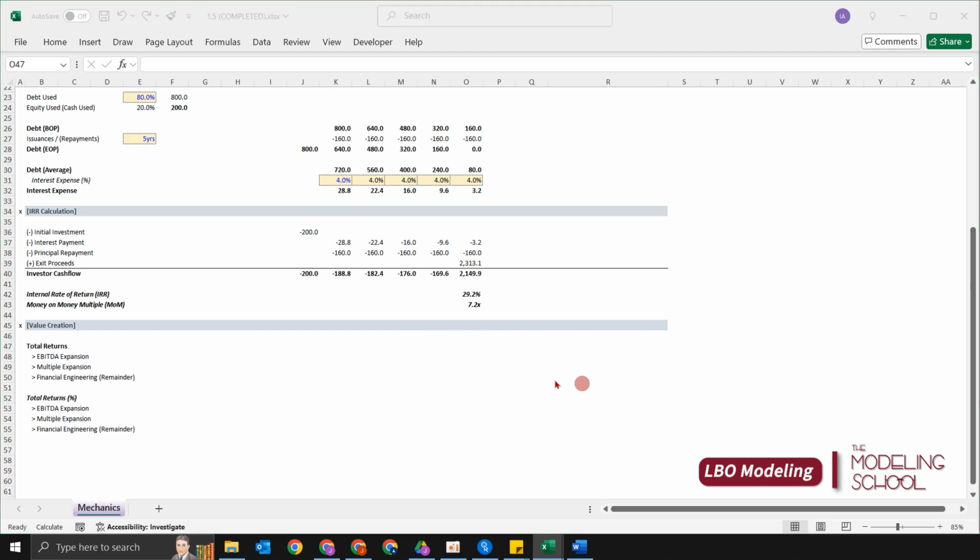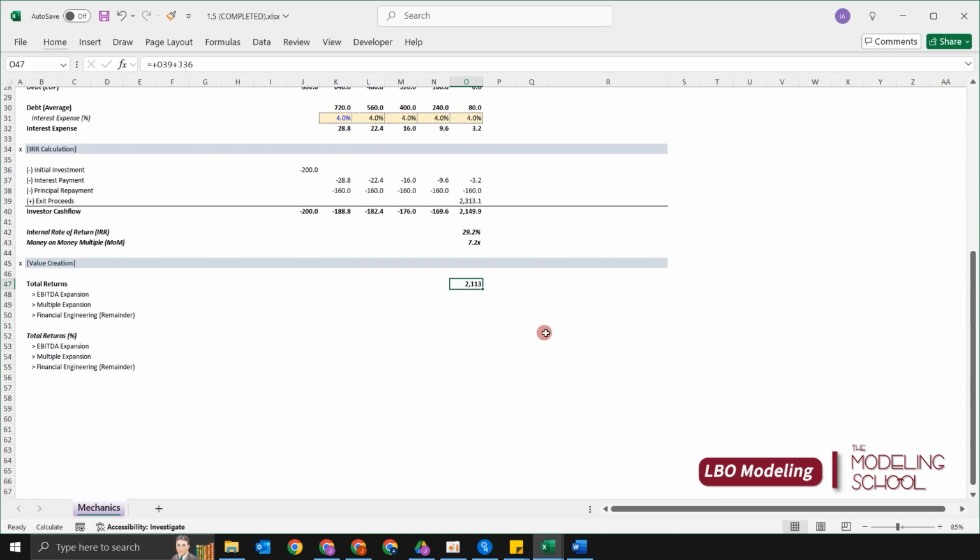So the return is actually this amount, this amount plus this amount. The return from the private equity's point of view is slightly over 2.1 billion.